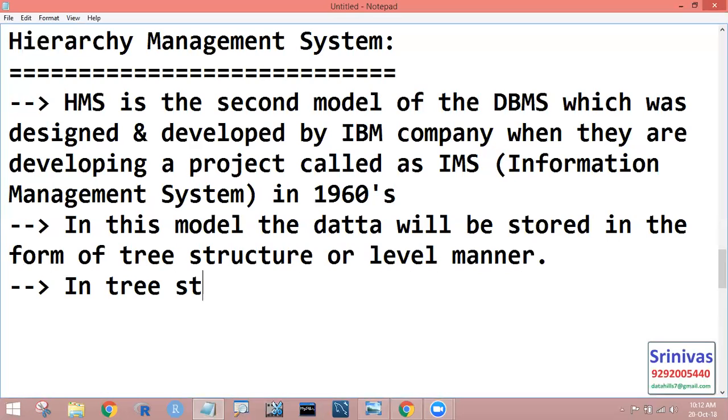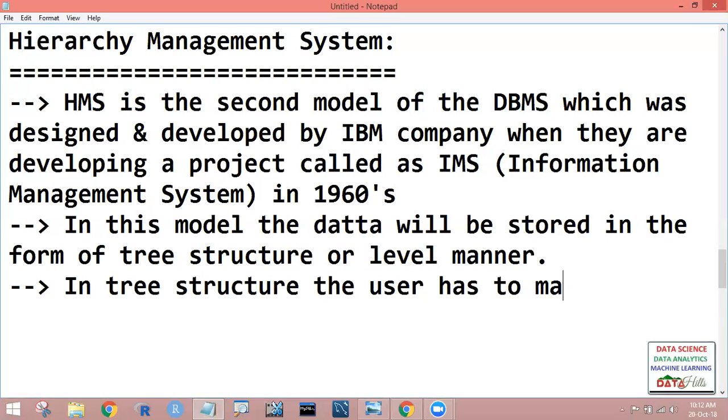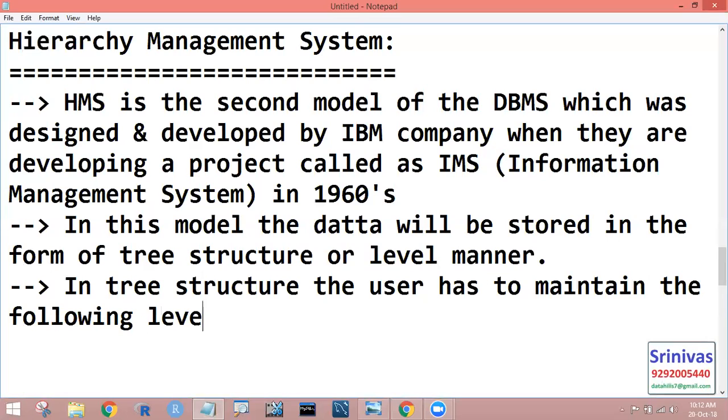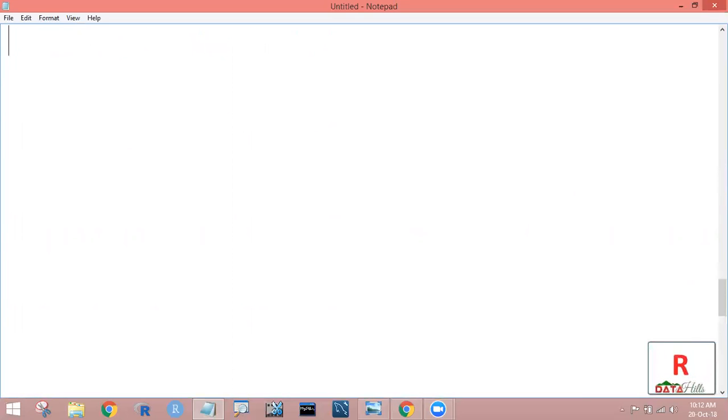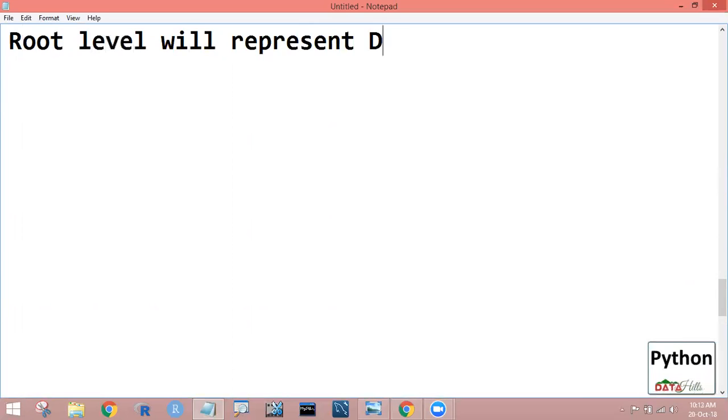In the tree structure, the user has to maintain the following levels. Let us observe what those levels are. First, we have to maintain the root level. This root level represents the database name.